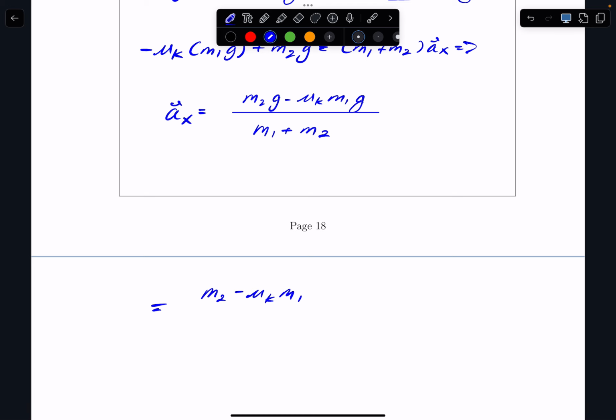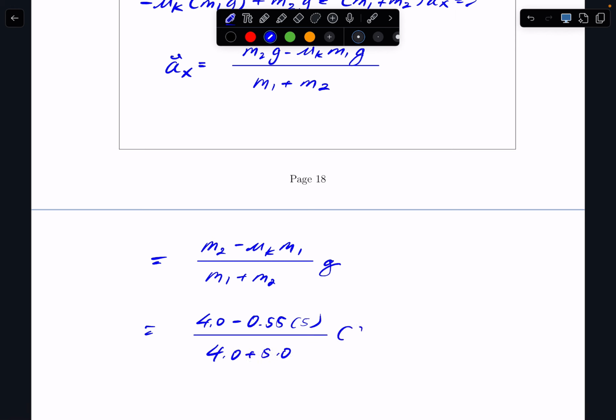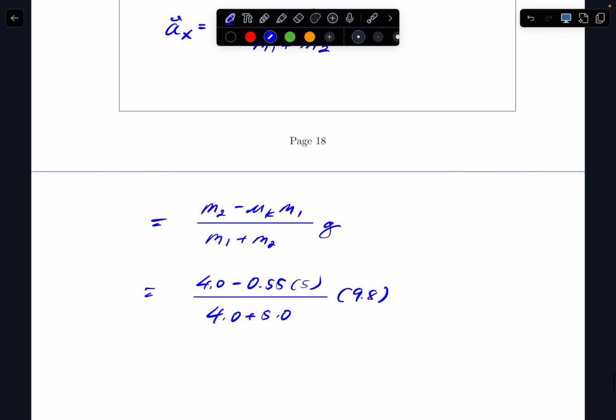It's just style points, but style is sometimes important. So that's going to be 4 minus 0.55 times 5 over 4 plus 5 times 9.8. So you get 1.36 meters per second squared.